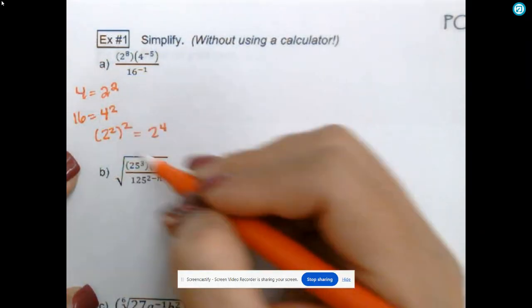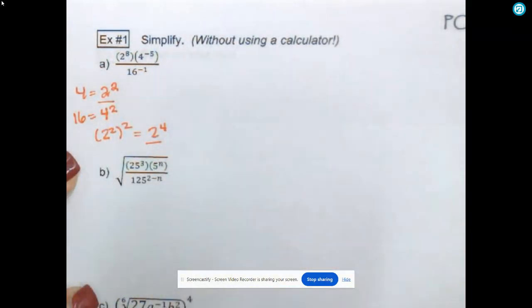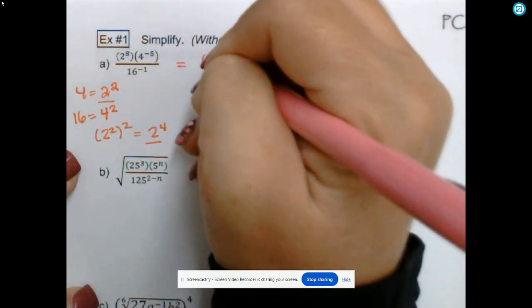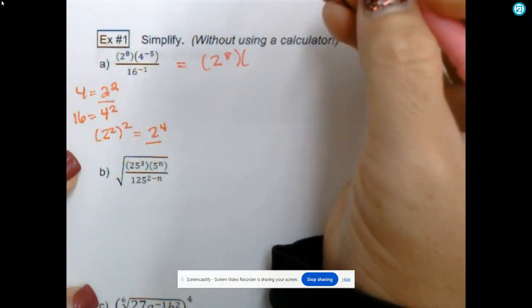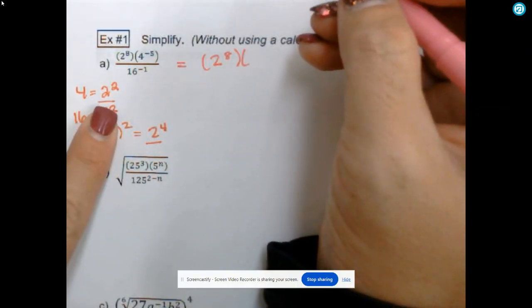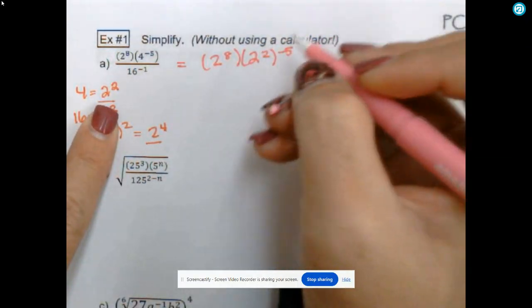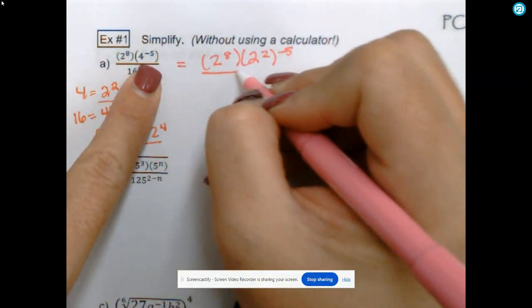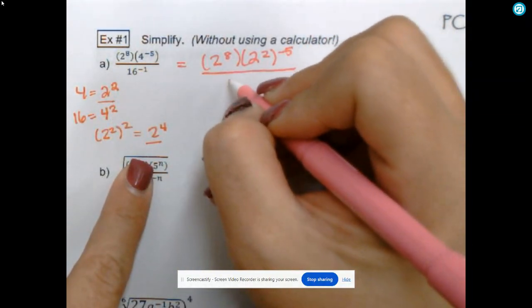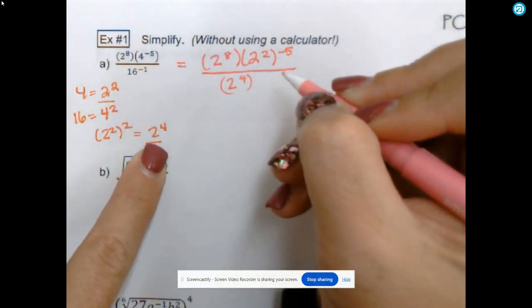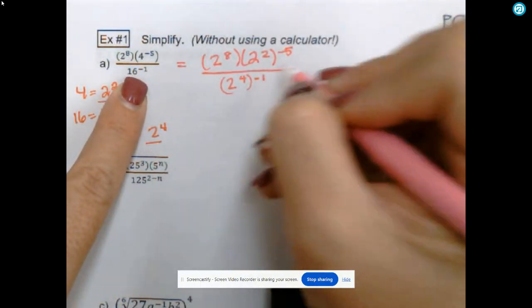Now I have everything in a base of 2. So we're going to rewrite that. 2 to the 8th. 4 became 2 squared, and we're going to raise that to the negative 5 because that's what's there, over 16 became 2 to the 4th raised to the negative 1.